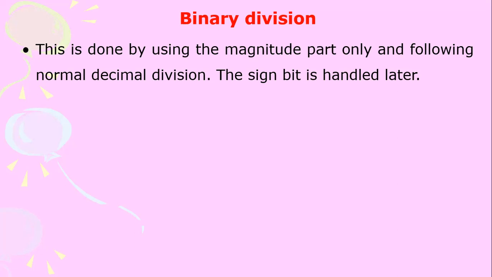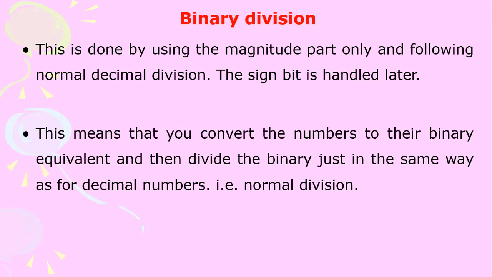I repeat, binary division is done by using the magnitude part only and following normal decimal division, and the sign bit is handled later. This means that you convert the numbers to their binary equivalents, and then you divide the binary just in the same way as you do for decimal numbers. That is normal division.